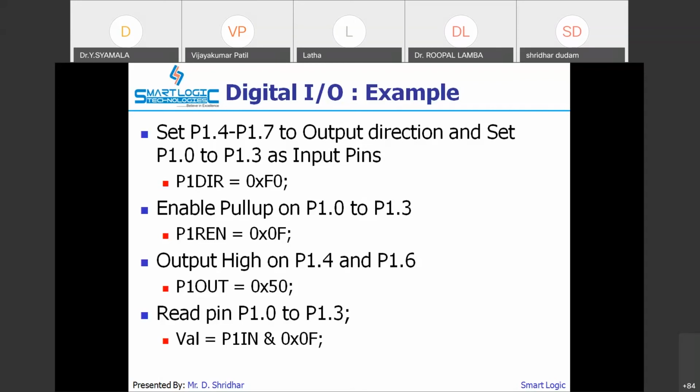If you want to use a special function, then we need the peripheral selection register. And if you want internal pull-ups, then at that time we need the resistor enable SFR. So this is about the GPIOs.